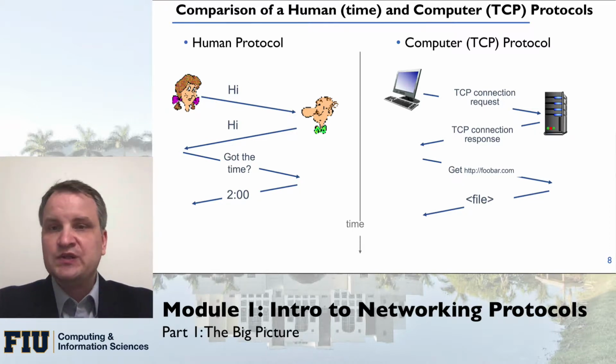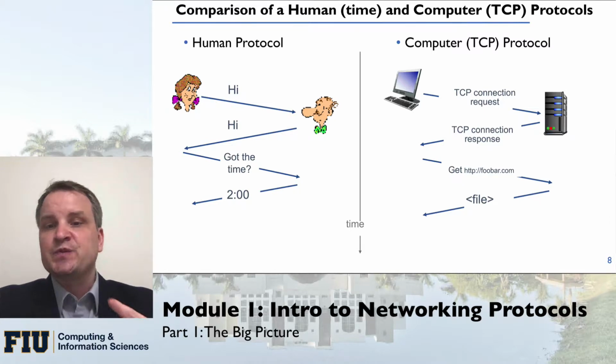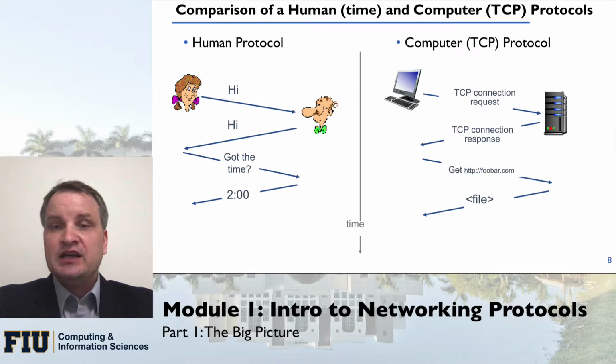There's a process for setting up the connection. Then I'm sending the request and processing the reply. This is an extremely simplified form, and we're going to learn a lot more details of how things work in HTTP and TCP specifically.